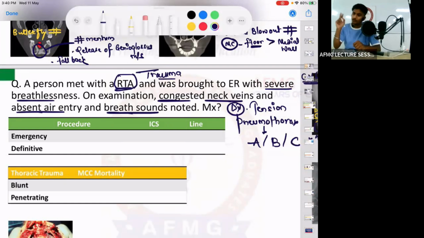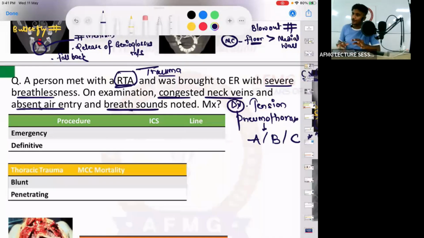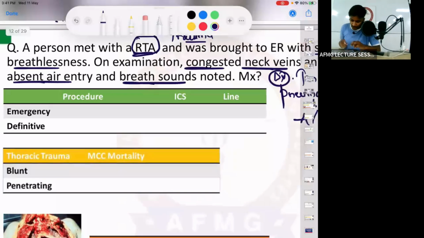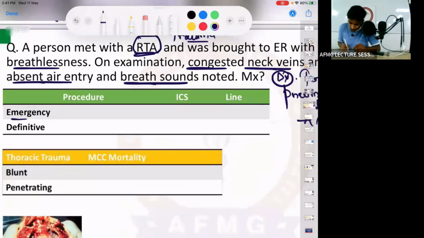ATLS protocol. ठीक है? तो सर्जरी में रोड ट्रैफिक एक्सीडेंट या ट्रॉमा के बाद आता है, then I will follow ATLS protocol. अब if they have directly asked you, then definitely I will follow the medicine protocol. ठीक है? कोई दिक्कत है? हिस्ट्री हो ट्रॉमा की, then please follow the ATLS protocol. नहीं है हिस्ट्री ट्रॉमा की, follow the normal medicine protocol of Harrison. ठीक है? So in emergency condition, what is done?